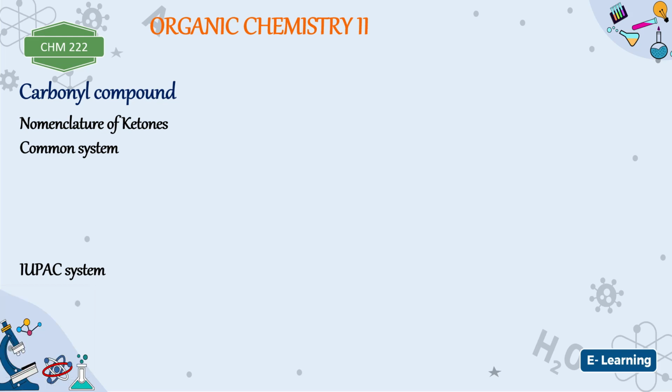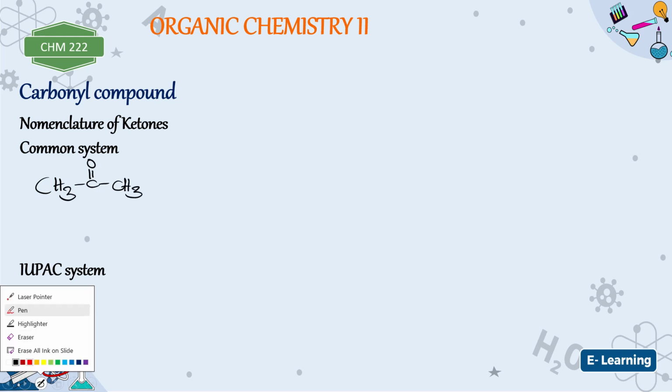For instance, if you have CH3, C double bond O, CH3, how do you call this compound in the common name? You name the two alkyl groups attached to the carbonyl and then add ketone at the end.